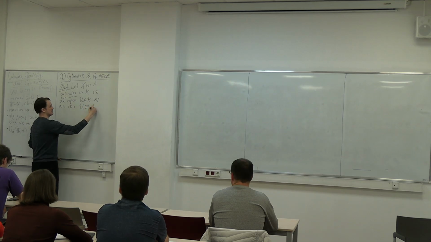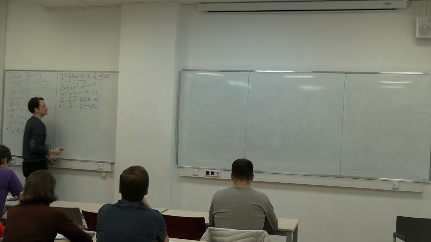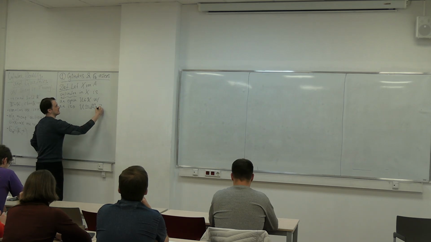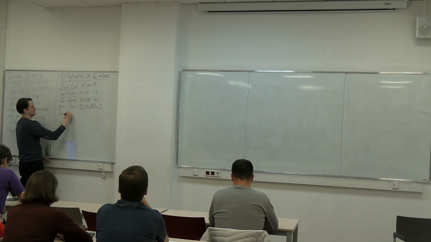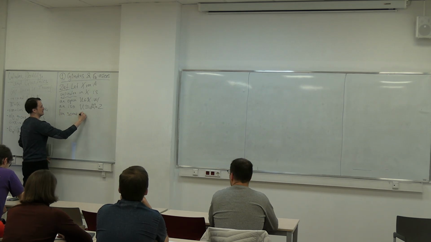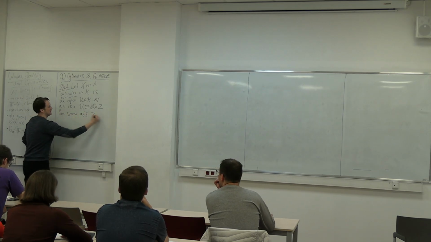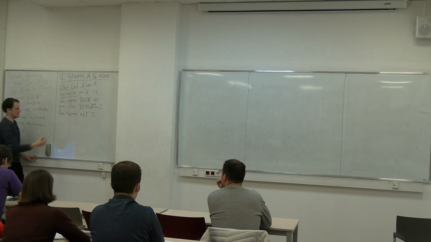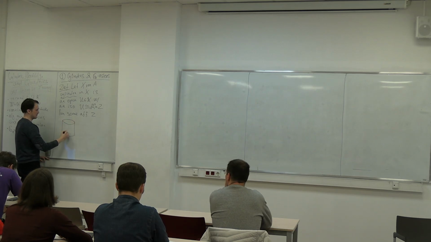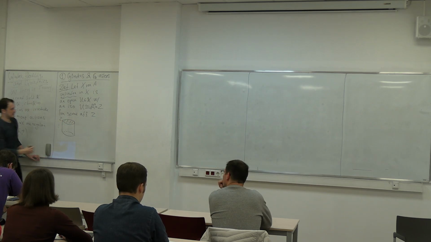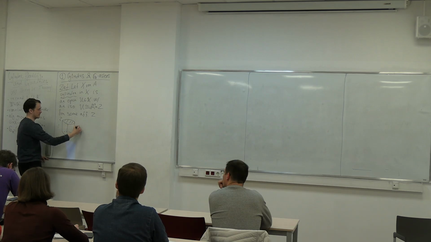U is a cylinder with A1 fibers, A1 times Z for some affine Z. Well, let me draw the picture just in case. So that's your cylinder. That's the Z. And the fibers here are all A1s.